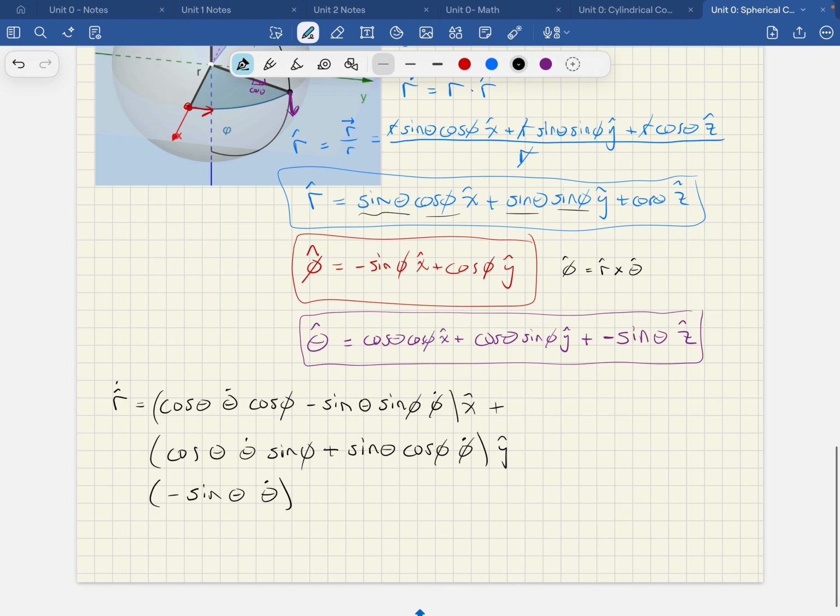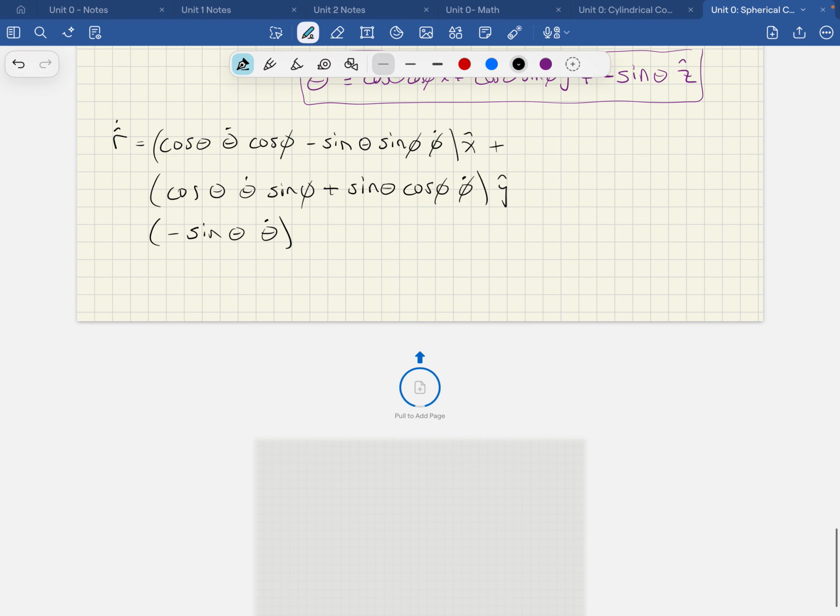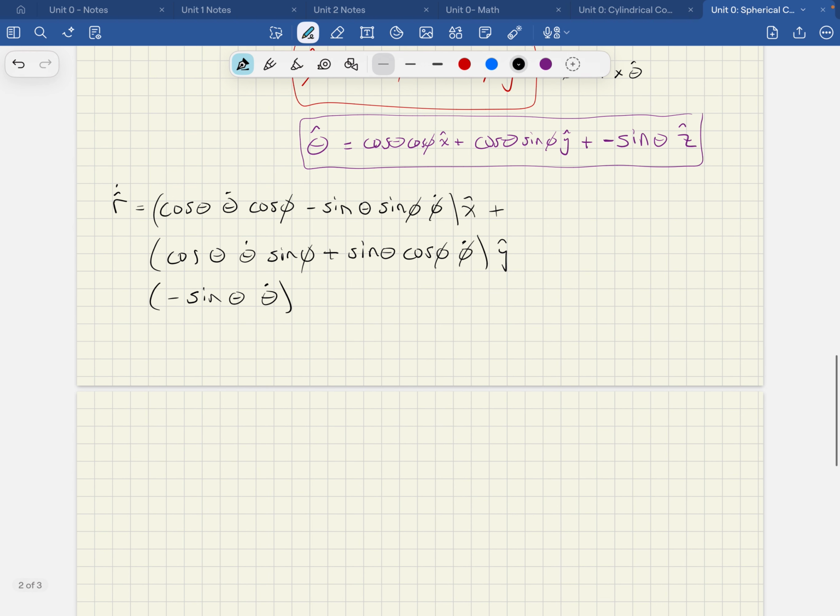So what I'm going to do is group these in terms of the phi dot and the theta dot. So let's get a new page. So r hat dot is going to be equal to theta dot times, and for theta dot, we're going to be looking at this term, and this term.